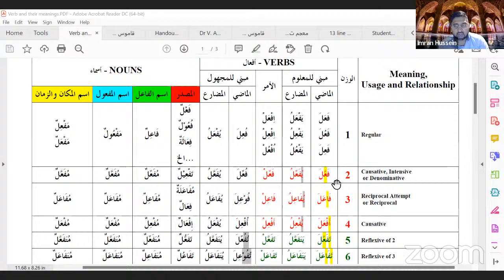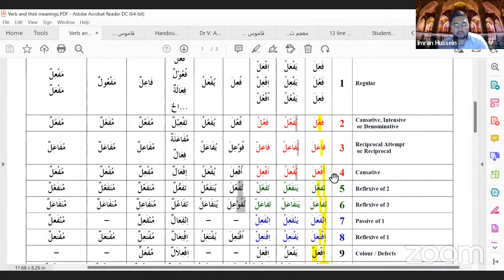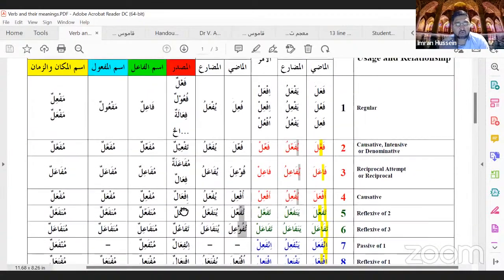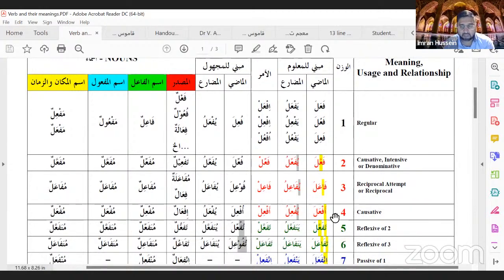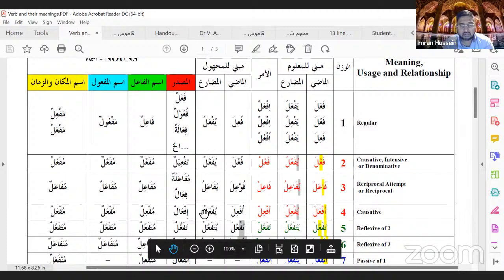Please memorize it in this way: af'ala, yuf'ilu, and the root word from which this four-letter verb is derived is called if'alun. So the pattern is af'ala. Write this down: af'ala, yuf'ilu, if'alun. If'alun is the actual root word from which af'ala, yuf'ilu is derived.